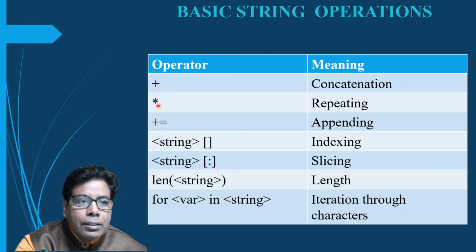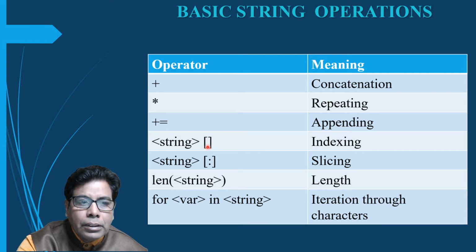The star operator is used for string repetition or string multiplication. The plus equal to operator is used for string appending. If you already have one string, you can append another string to it with the help of the plus equal to operator.